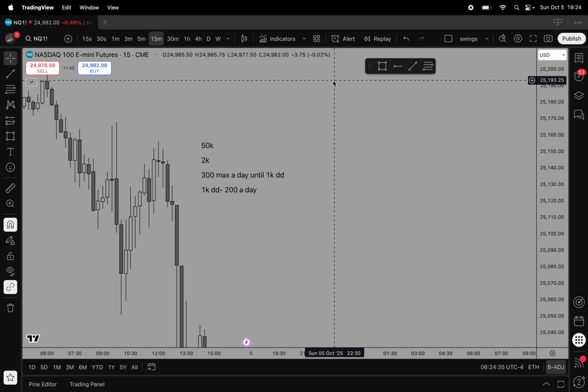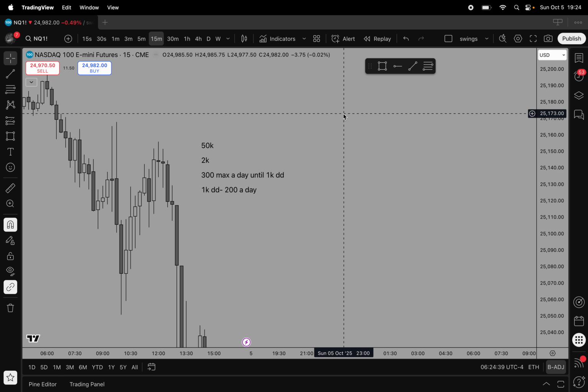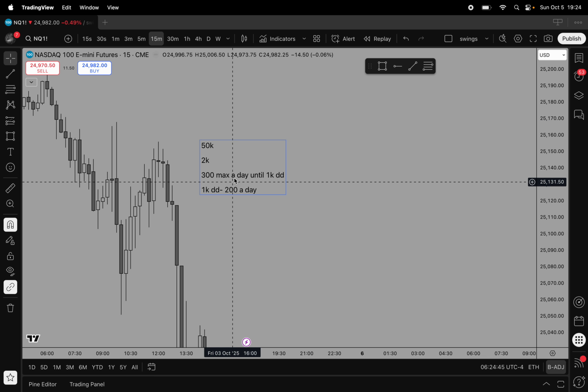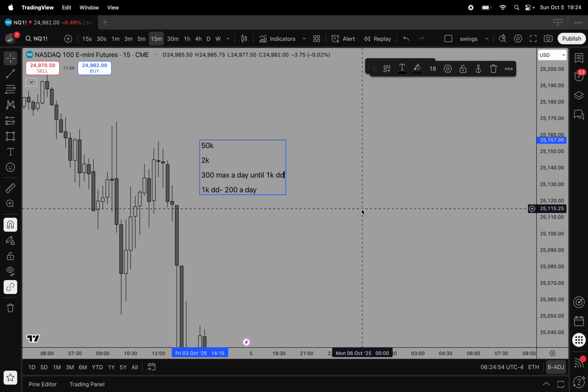Obviously, I'm talking about top and bottom ticking here, okay? So if you are a one-to-one trader, obviously it's going to have very different criteria, but I would just recommend to pretty much just risk this, right? In this position, I would be risking one contract if I lose one contract, right?